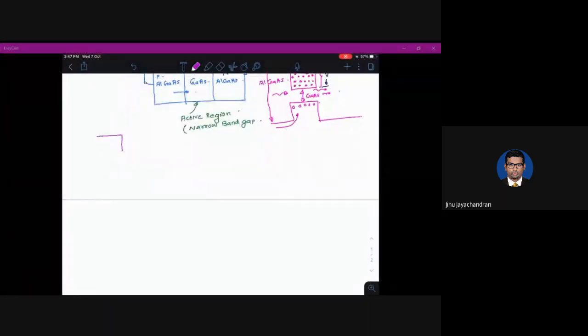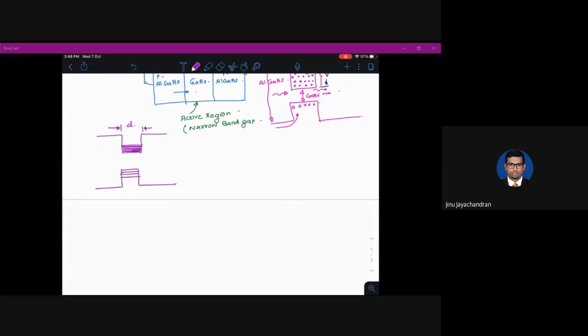Now, one thing to be noted here is, although this is a quantum well structure, and we have seen that in a quantum well structure there can be discrete energy levels. Now, the width of this quantum well, let's say d, if the width of the quantum well is very large, then there will be a lot of energy states available inside the quantum well.